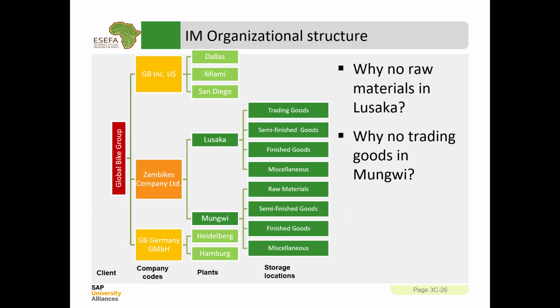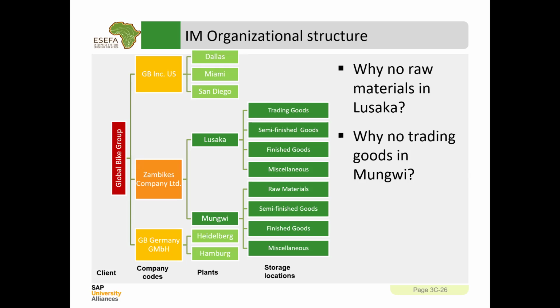So those are the 4 storage locations in each plant of the Zambike company. Why no raw materials in Lusaka? Because Lusaka is not a production plant. Mungwi is a production plant, so we have raw materials in Mungwi.